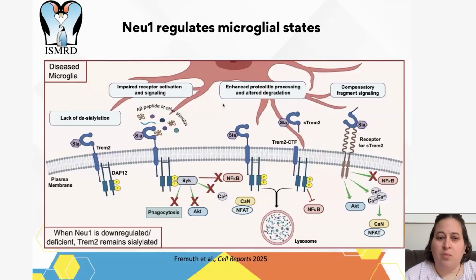You get apparent processing when NUN is absent because TREM2 remains sialylated, and this results in some differences in downstream signaling pathways that leads to what we would call dysfunctional microglia. They're hyperreactive and hypersensitive to stimulus.